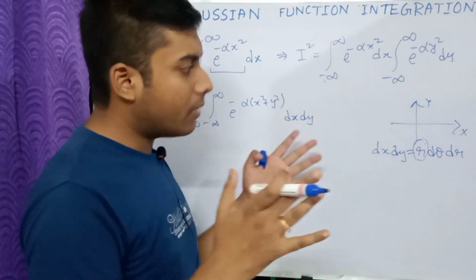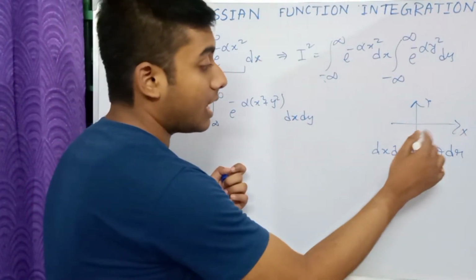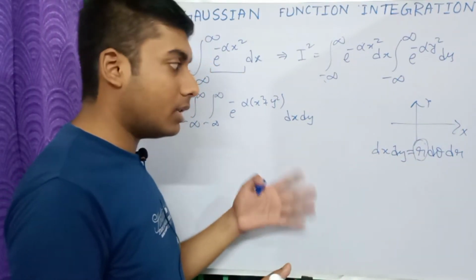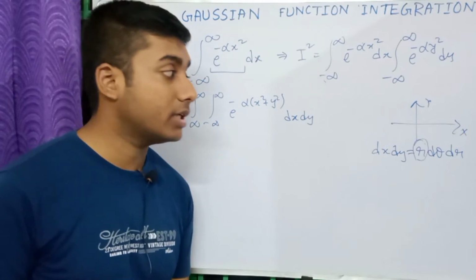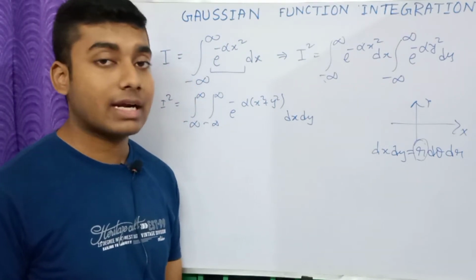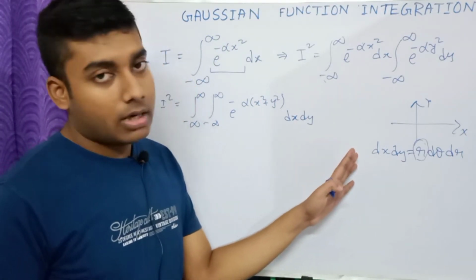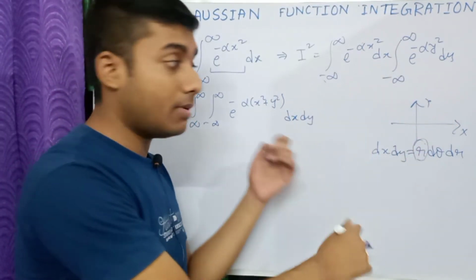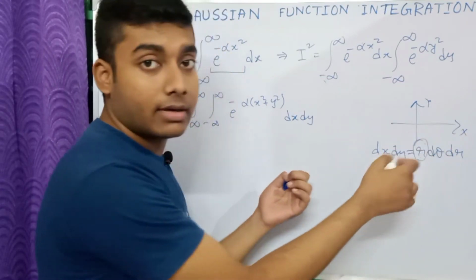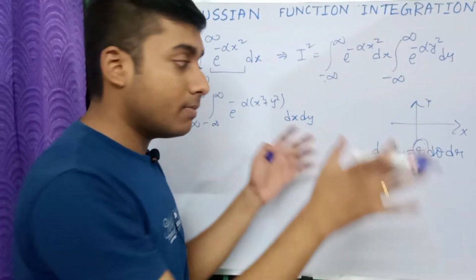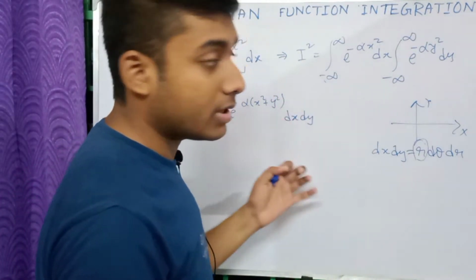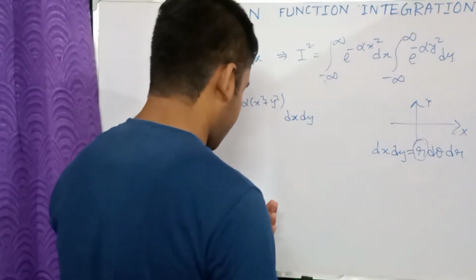If you are really interested in how this comes, you can comment below. I will make a video on the application of Jacobians, and from there you can easily understand what the constant will be whenever we transform from one coordinate system to another. In spherical polar coordinates that constant will be another, and in cylindrical coordinates the constant will be another.